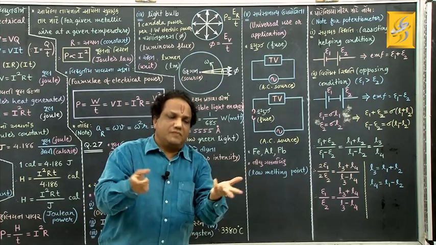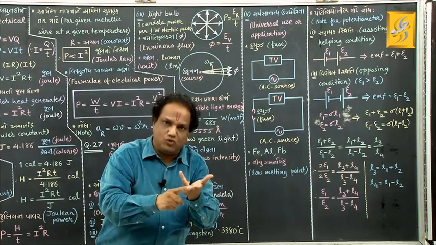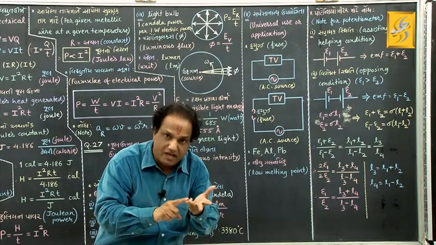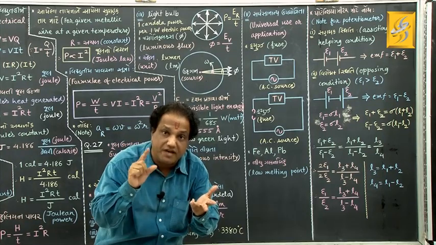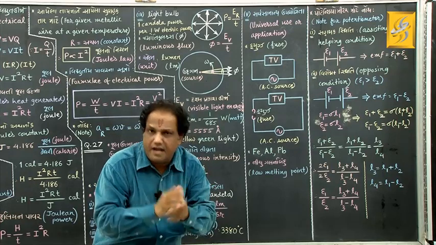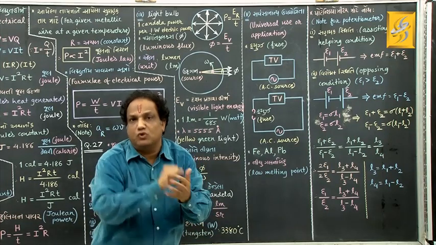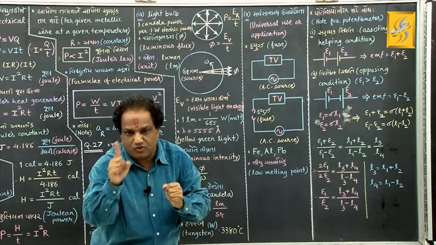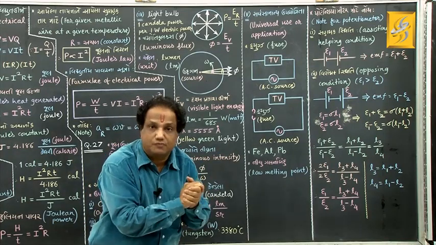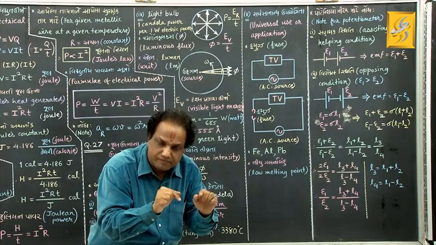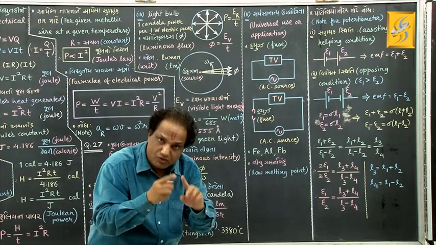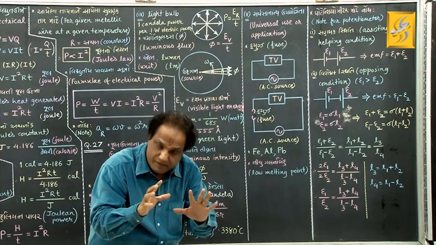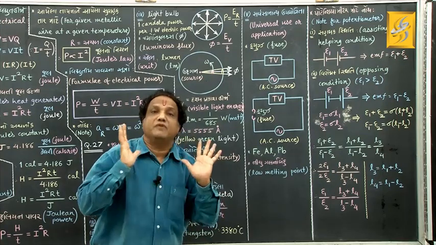For example, calorie and joule are both units of energy, but calorie we use normally in the case of heat energy. And there is a relation between calorie and joule. We had already seen that relation: 1 calorie equals 4.186 joule. Similarly, here lumen is also some sort of power, watt is also power, so there must be some relation between them.